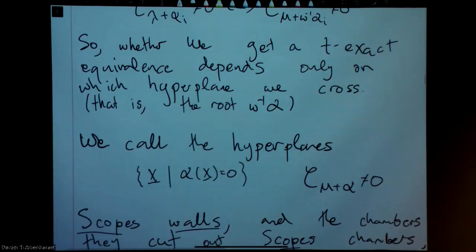All right. So the important thing is whether I get a T-exact equivalence only depends on which hyperplane it is. It didn't matter what chamber it was. Any two chambers that are adjacent across the same hyperplane, I would always get the same answer about whether the Chuang and Rouquier functor is exact or not.